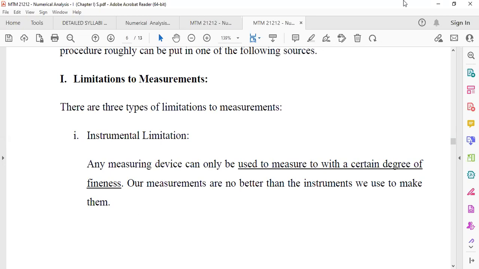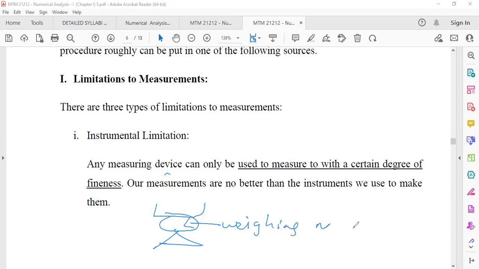For example, if I have a weighing machine, weighing mass in the chemistry or physics lab, and this machine only takes three significant digits.